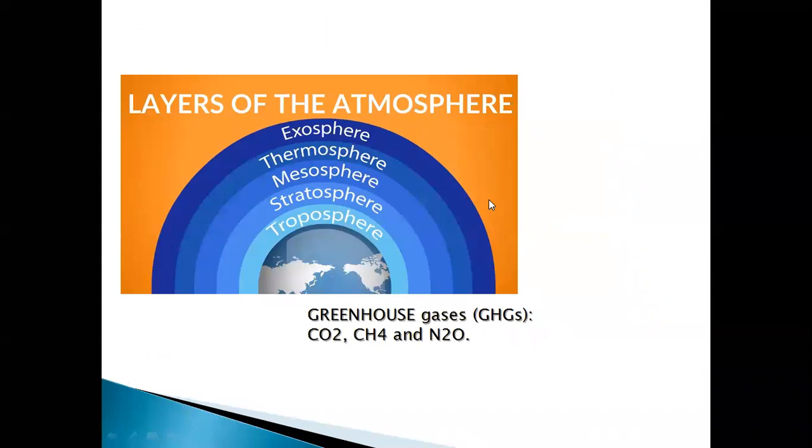Okay, so then we have different layers of the atmosphere: troposphere, stratosphere, mesosphere, thermosphere, exosphere. And here in the troposphere, we are going to have a couple of gases. Give me two examples, please, of the gases that we can find right here. Carbon dioxide and nitrous oxide.